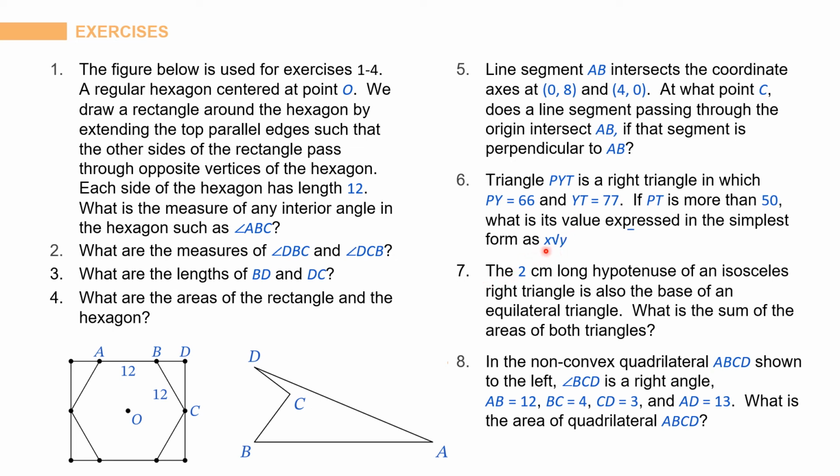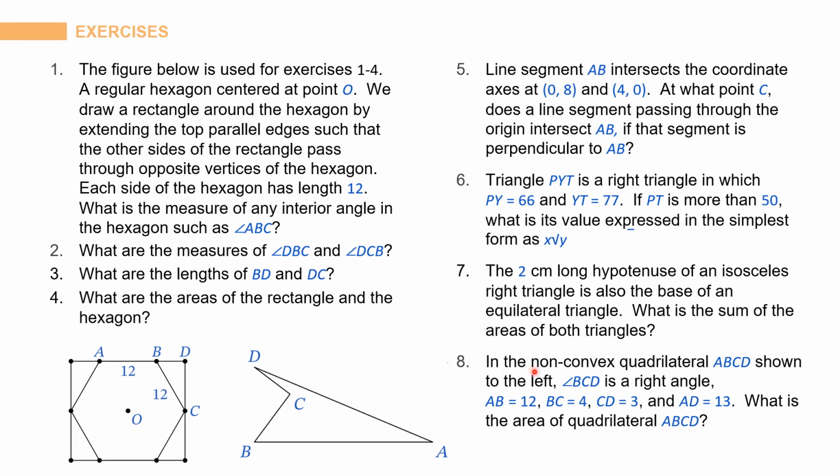So basically express your answer as an integer times the square root of another integer in simplest form. Exercise 7. The 2 centimeter long hypotenuse of an isosceles right triangle is also the base of an equilateral triangle. What is the sum of the areas of both triangles?